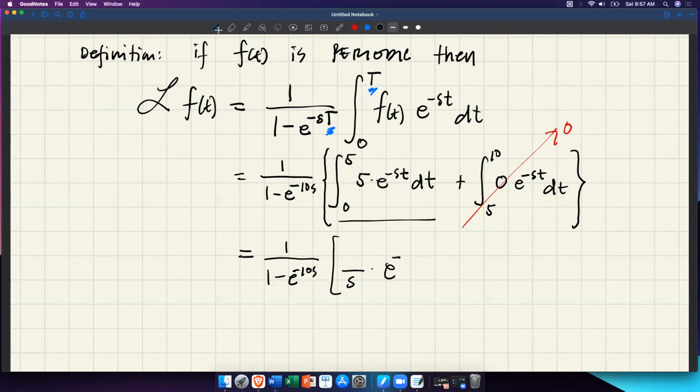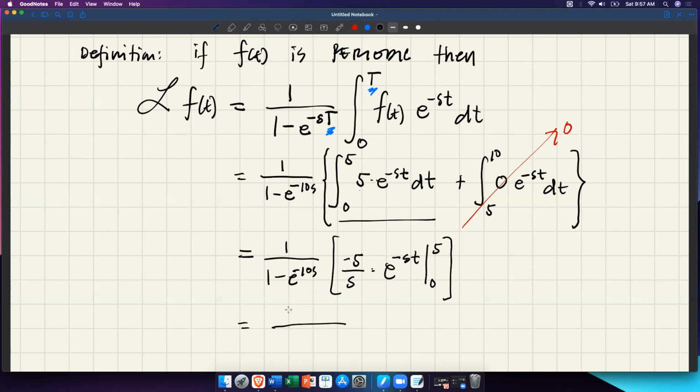So we can rewrite this as negative 5 multiplied by e raised to minus st with limits from 0 to 5. That's the limit. Now simplifying it further, we will have 1 all over. Okay, now let's take out negative 5.